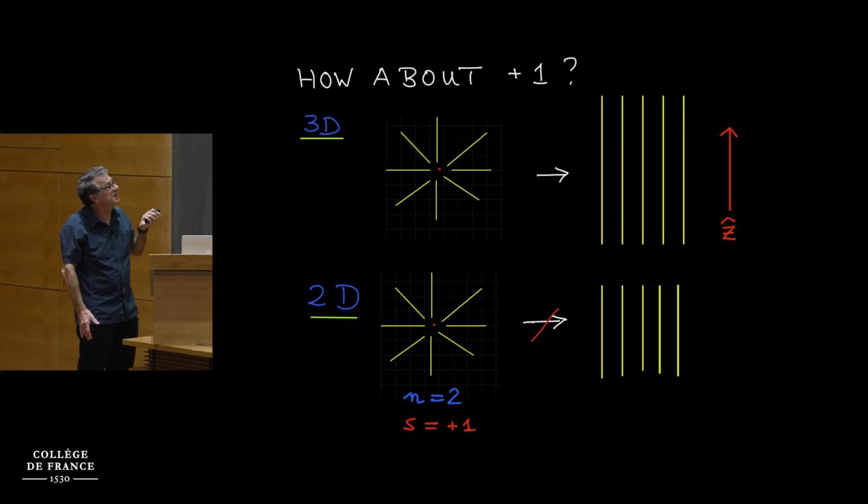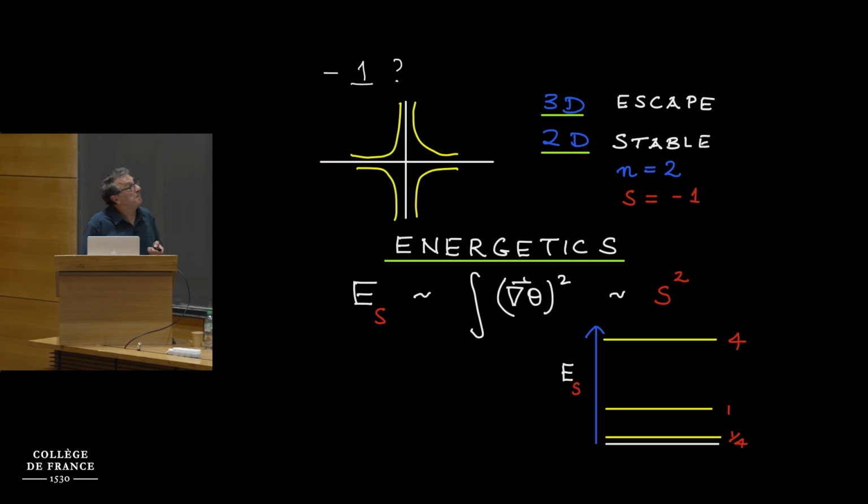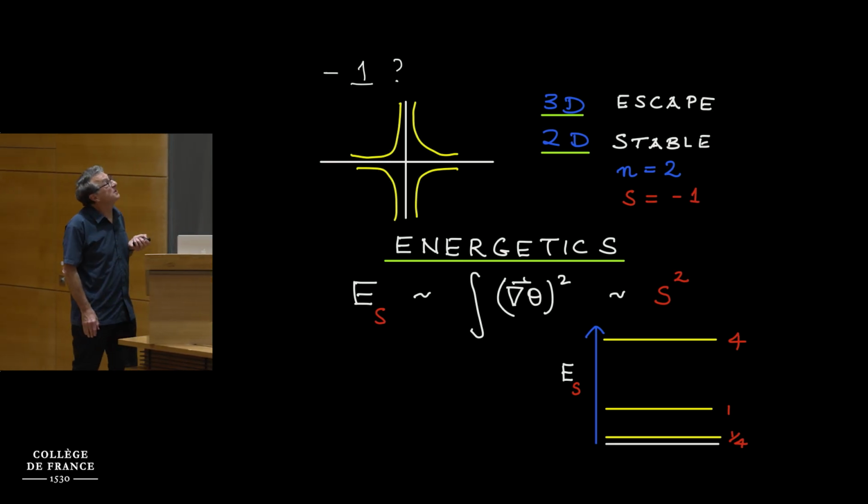In 2D, if you look at the winding number object strength +1, the n equals 2 for the integer, you don't have that escape into the third dimension available to you. So this is how you get the whole integer class of defects for 2D, but not for 3D. No escape into the third dimension.